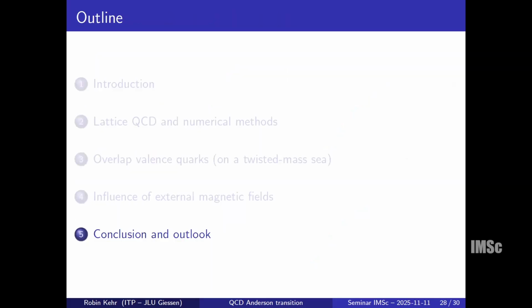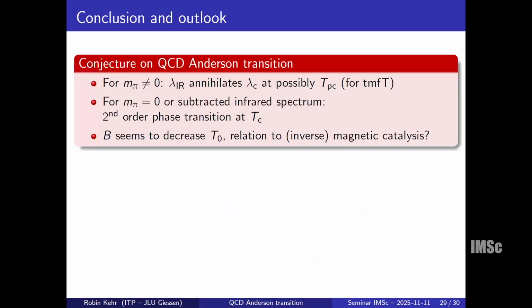So this brings me to the conclusion and outlook. The conjecture on the QCD Anderson transition is that for non-zero pion masses, this annihilation of both mobility edges is a very possible scenario, at least for the twisted mass ensembles where we observe these infrared peaks.